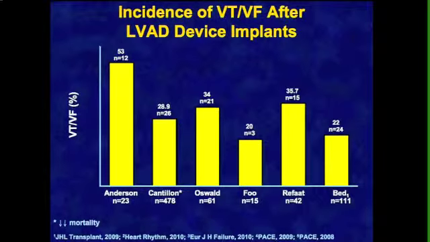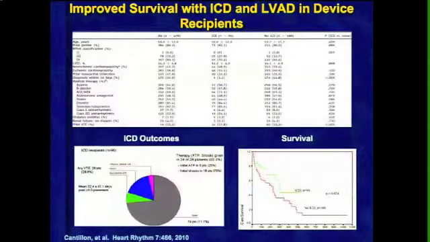Now, I suspect most of us implant defibrillators in these patients, but they still come back with multiple shocks and they still have to be ablated, and most of the time the ones that we deal with, it has something to do with the inlet, and intracardiac ultrasound is very, very helpful. So the pumps by themselves are not foolproof. The arrhythmias kind of live on lives of their own.